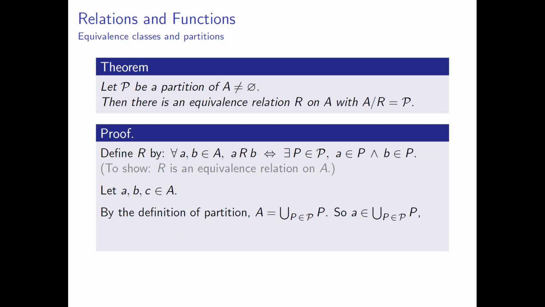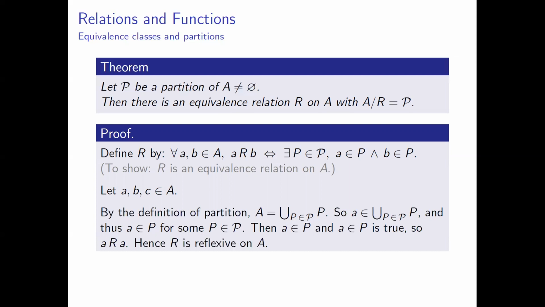So a is an element of the union of all sets P in the partition, and thus, by the definition of extended set union, some subset P in the partition contains a. The statement a is an element of P and a is an element of P is clearly true. So a is related to itself. Hence, R is reflexive on the set A.